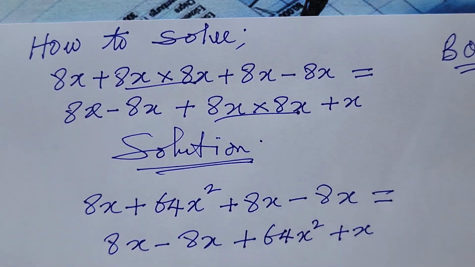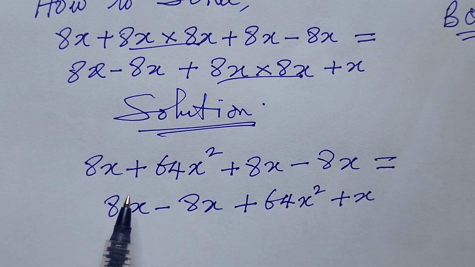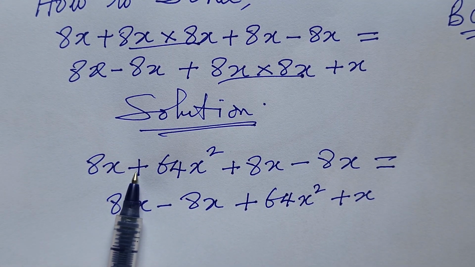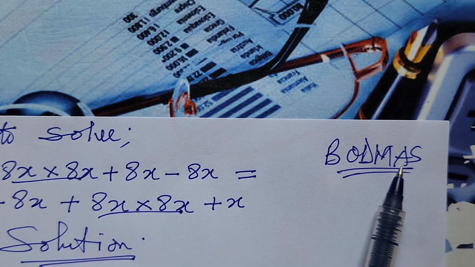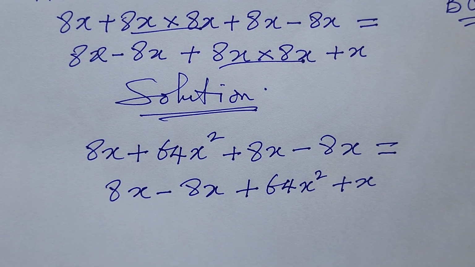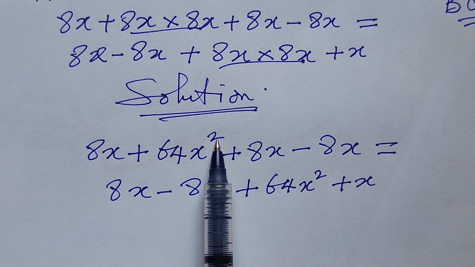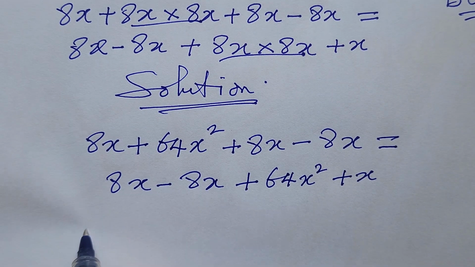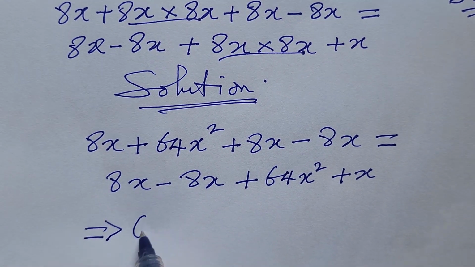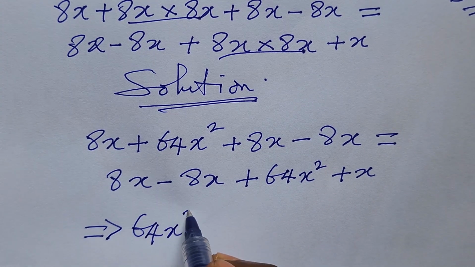Beside our multiplication, we have our subtraction, although subtraction comes last in this acronym. So subtraction will definitely come last, right? Here we now have addition and subtraction. So we go by the addition because we have this first. We cannot add 64x to the power of 2 to any of this expression, so let's keep our 64x to the power of 2.